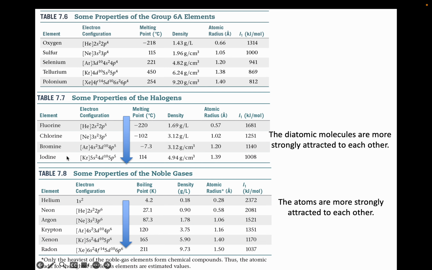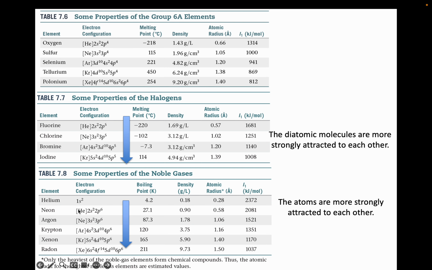Fluorine, chlorine, bromine, iodine, we're moving down the periodic table, and notice how the melting point is going up. Fluorine and chlorine are gases, iodine's a solid. So we see this progression that the diatomic molecules are becoming more and more strongly attracted to each other as we move down the periodic table.